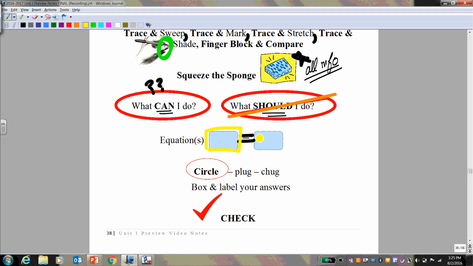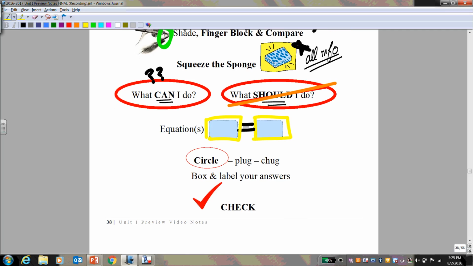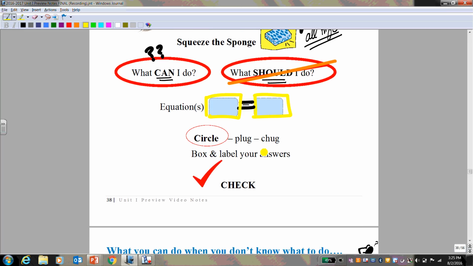And equations have 2 sides with an equal sign. This will make sense as we do a problem. As you use equations, I want you to use the process called circle, plug, chug. I want you to physically box and label your answers. Then you go back and you just ask yourself, does this make sense?